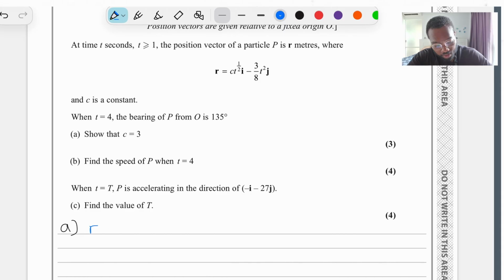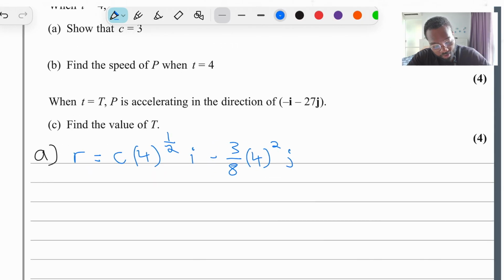So we get r is equal to 2c i minus 3 over 8 times 4 squared j. If we work that out, we get r is equal to the square root of 4, that's 2c i, and then minus 3 over 8 times 16, that would be j.